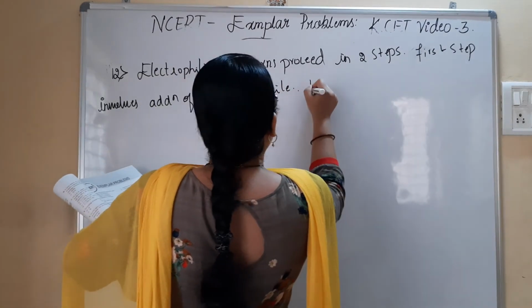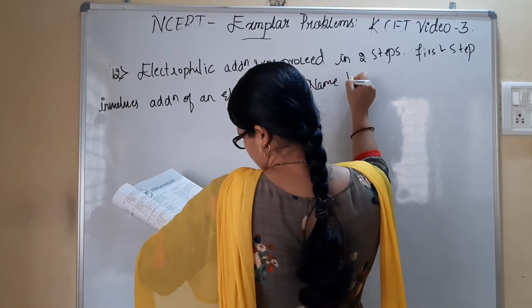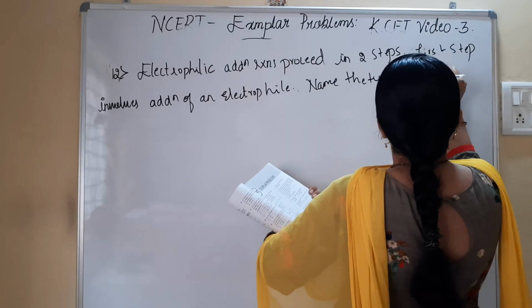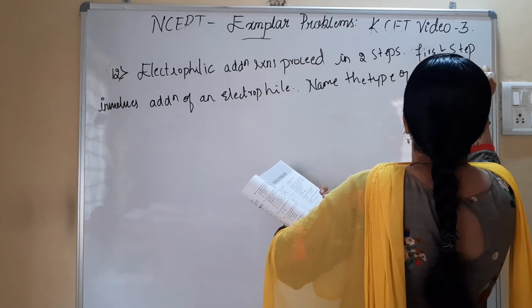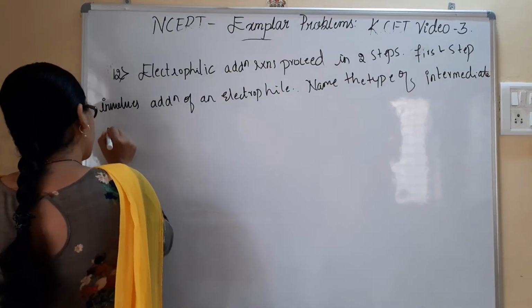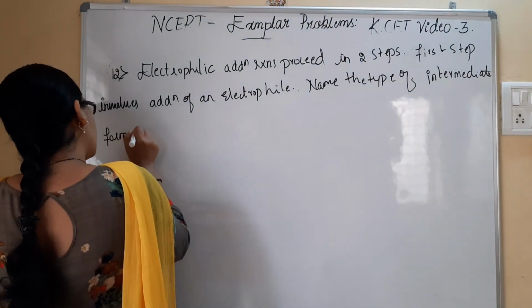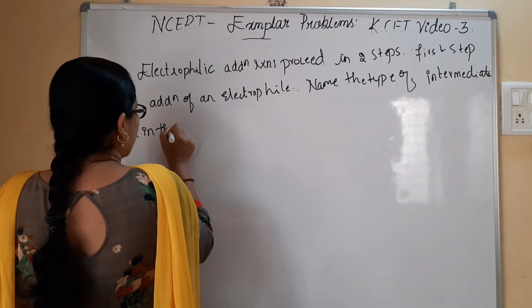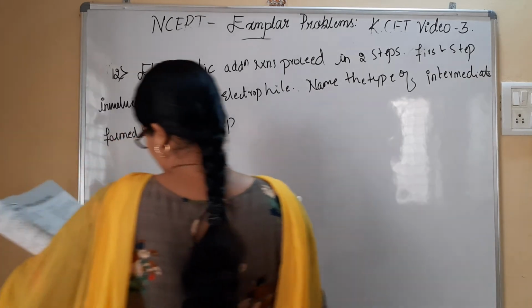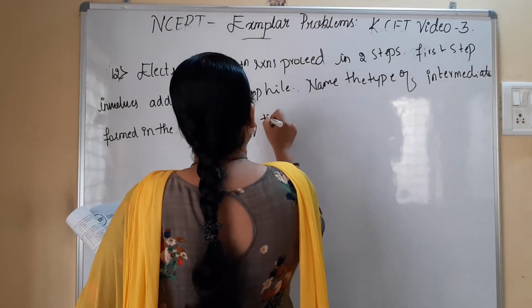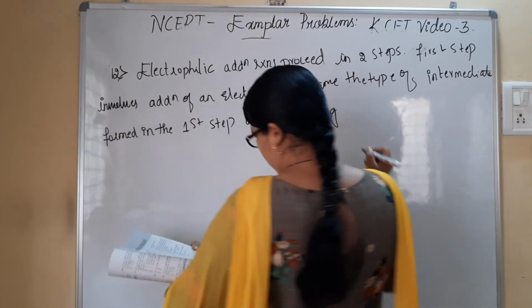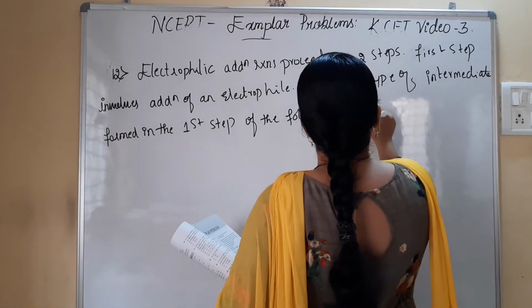Okay. Name the type of intermediate formed in the first step of the following addition reaction.